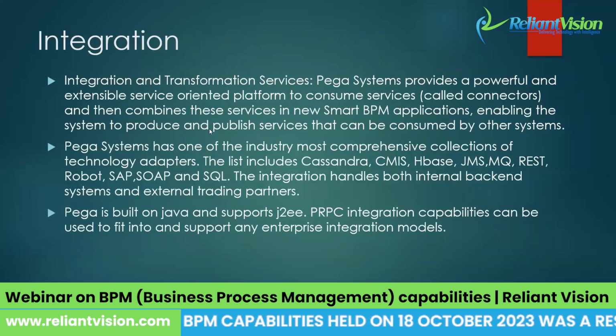Pega supports different types of integrations like Cassandra, CMS, HBase, JMS, MQ, REST, SAP, SOAP, and SQL. All these integrations are supported. As we discussed, Pega is built on Java and J2EE.